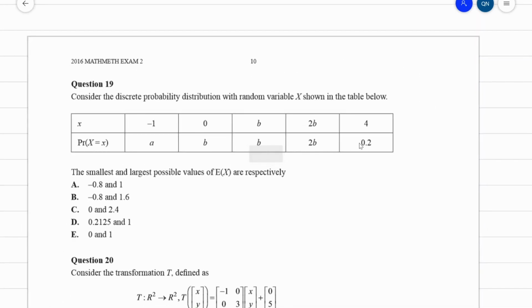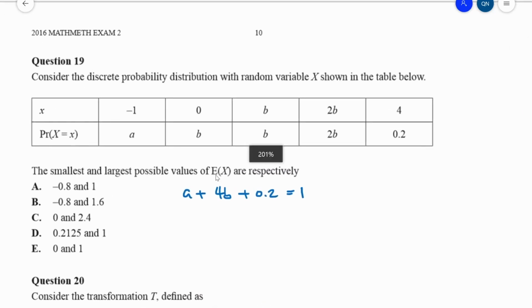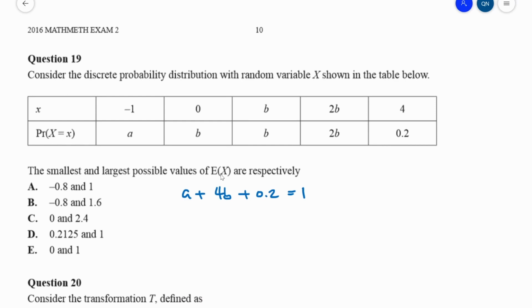First of all, because we have unknowns in that probability row, I know that we must have a plus 4b, because there's 4 b's in total, so a plus 4b plus 0.2 equals 1. That's something I know. And what we're interested in is finding the possible values of E(X).